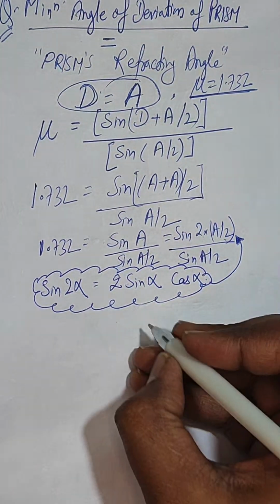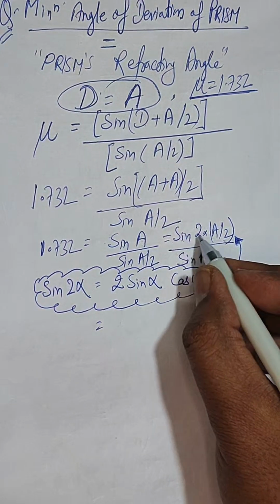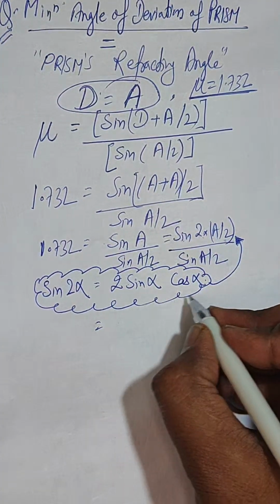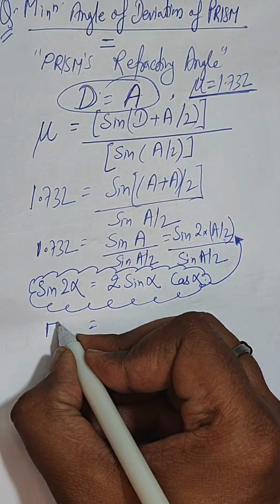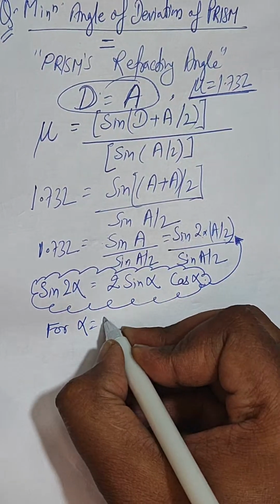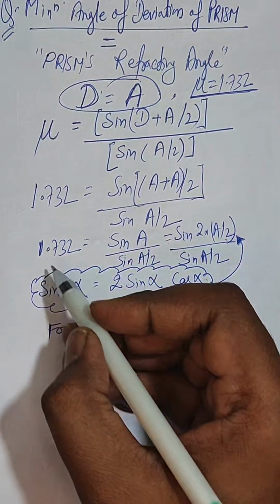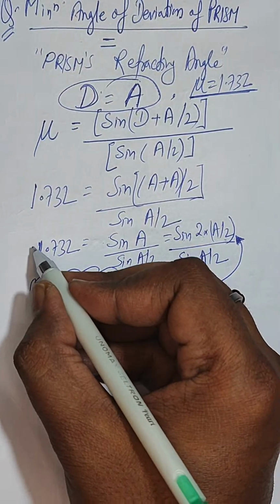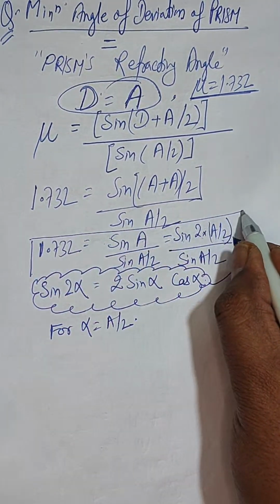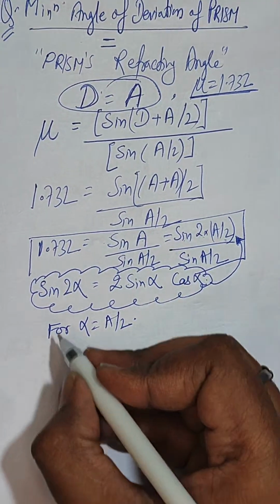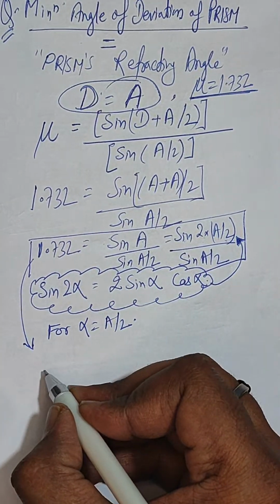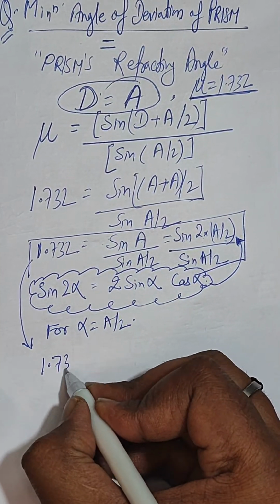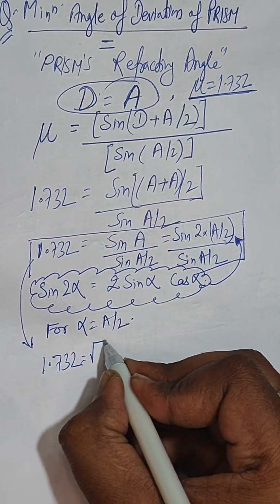Then the numerator becomes sine 2 alpha, for alpha equal to A by 2. This entire equation becomes 1.732, which is basically root 3.